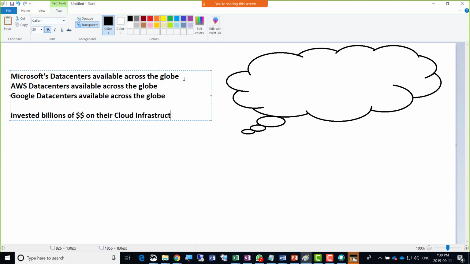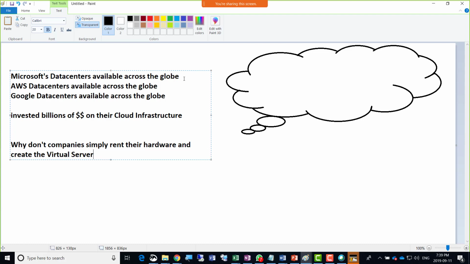And the idea behind all that is, why don't companies simply rent their hardware and create their virtual servers, in which they will have what?